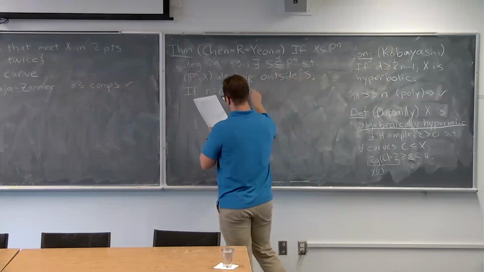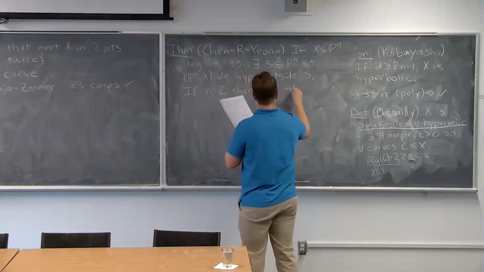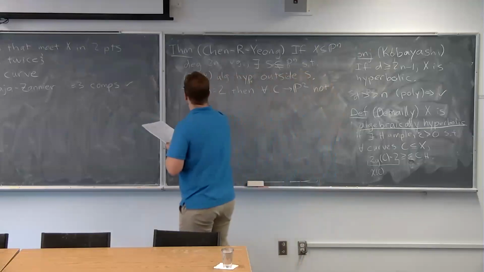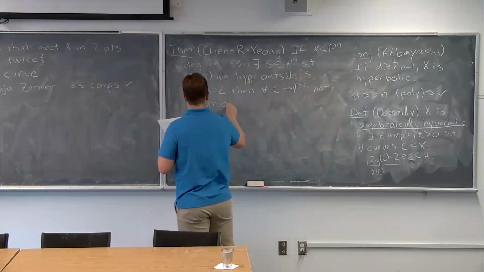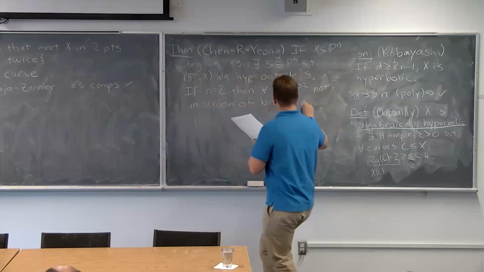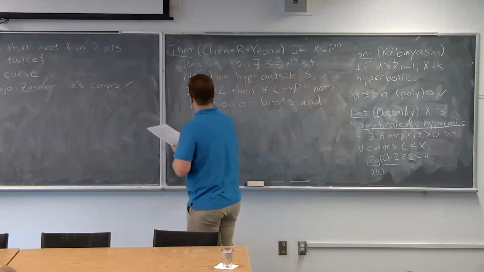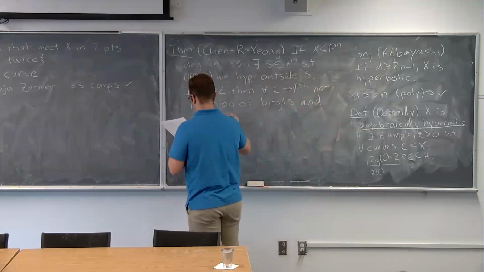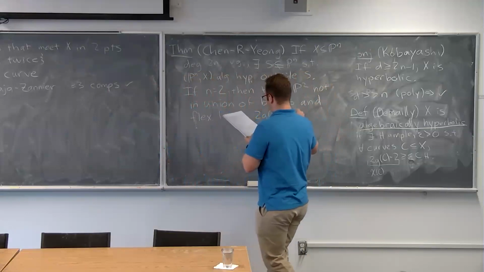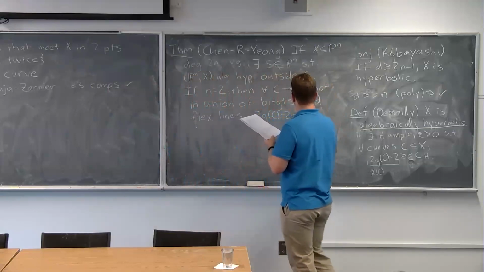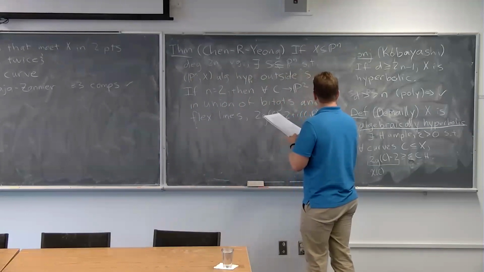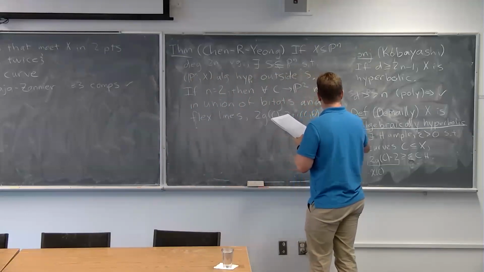Then we can show that for all curves C in P2 that are not in the union of the bitangents and flex lines, 2g minus 2 plus I of C D is at least 1/2 times the degree of C.